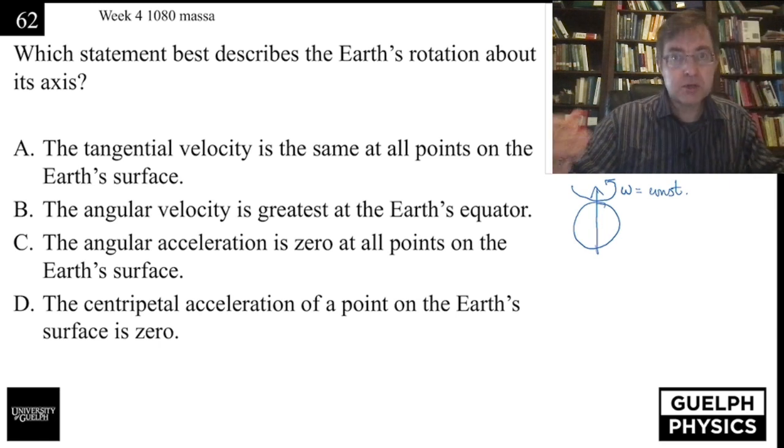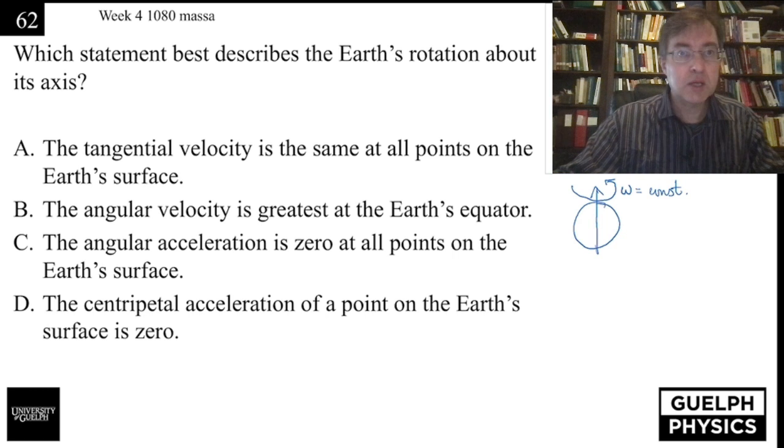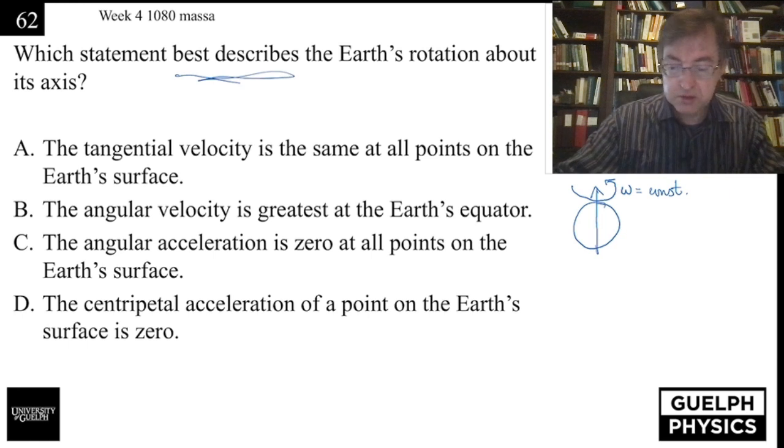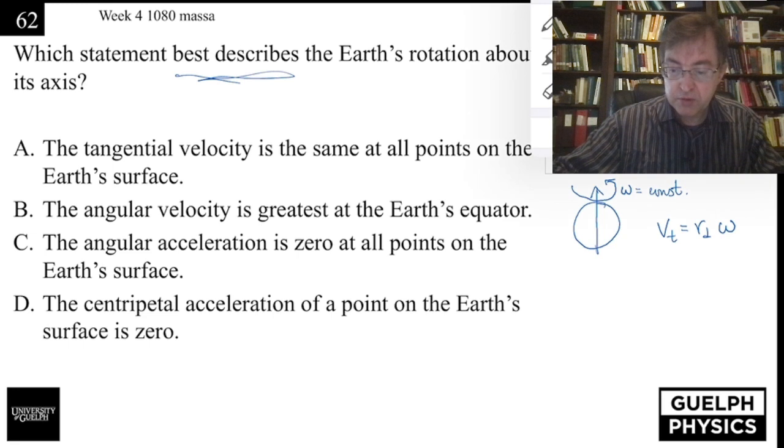And so I'm going to just go through A, B, C, D almost sequentially and check off which are the statements that best describe this situation.